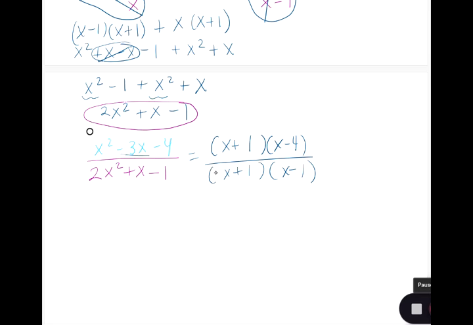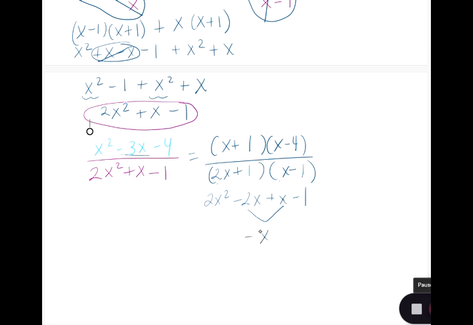If I put my 2 here, because 2 only has itself and 1, the 2 has got to be either here or here. If I do it here, I get 2x squared minus 2x plus x minus 1. And if I combine my middle terms, because that's what I'm looking for, I get a negative x.